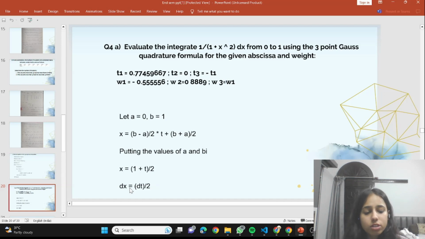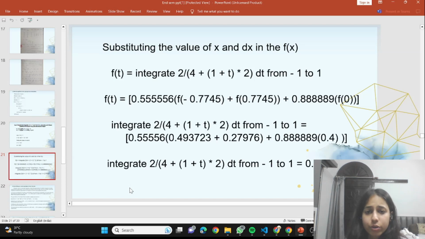Let a equal to 0, b equal to 1, x is equal to b minus a upon 2 into t plus b plus a divided by 2. Putting the values of a and b, x is equal to 1 plus t by 2, dx is equal to dt by 2. Substituting the values of x and dx in f(x), F(t) is equal to the integral of 2 divided by 4 plus (1 plus t) squared dt from minus 1 to 1.